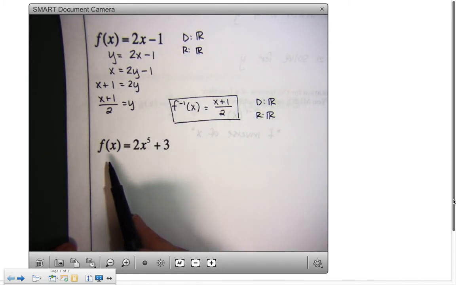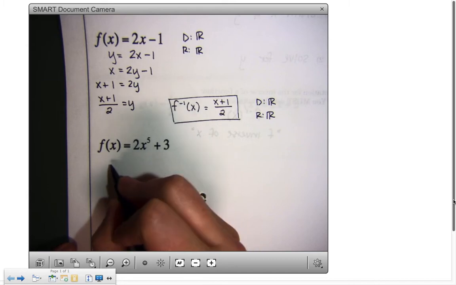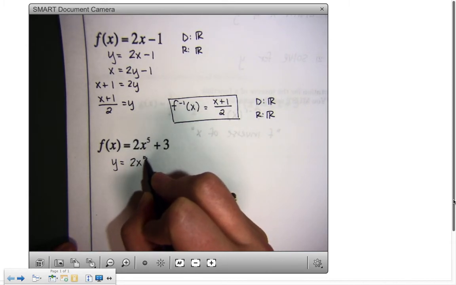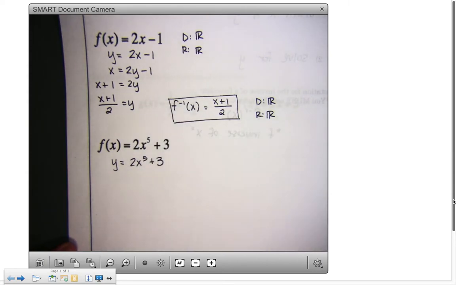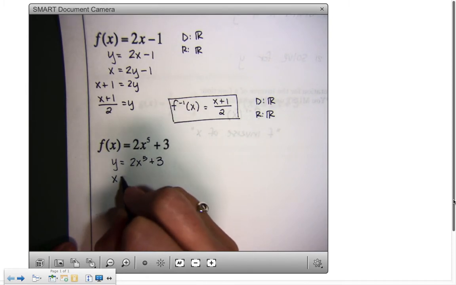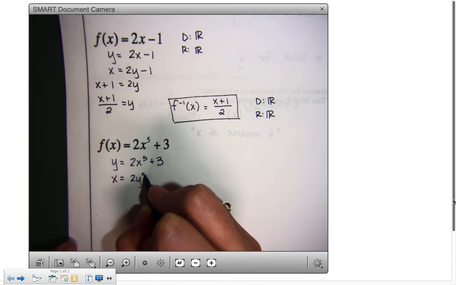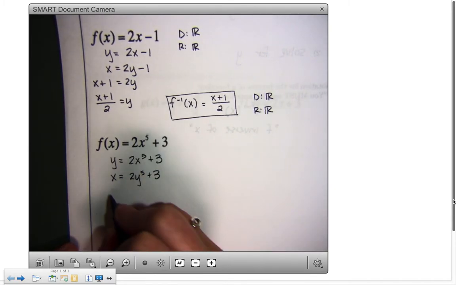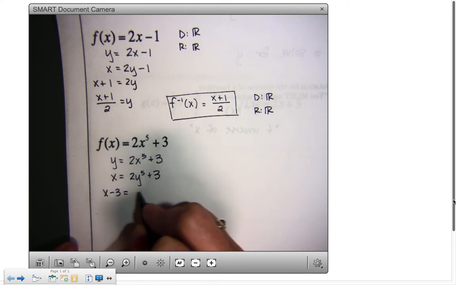All right, so again on this one, we see that it's f of x equals, so we can rewrite that as y equals 2x to the 5th plus 3. We need to swap x and y because we're trying to find the inverse, and when you have the inverse, the x and the y are switched. And solve for y. So subtract 3 from both sides.